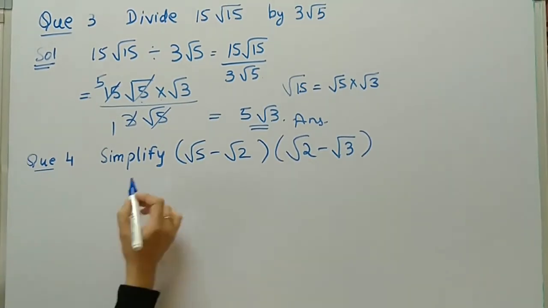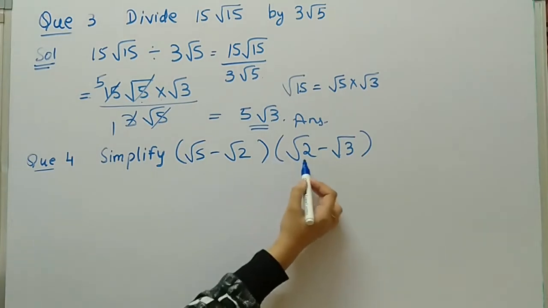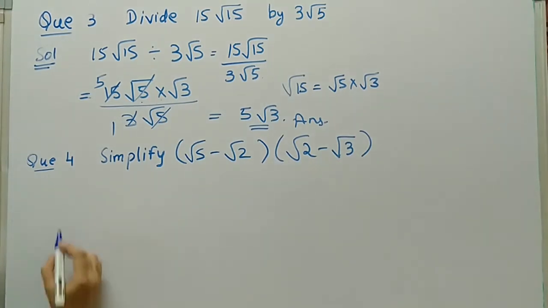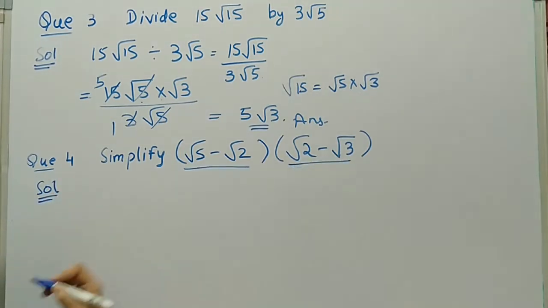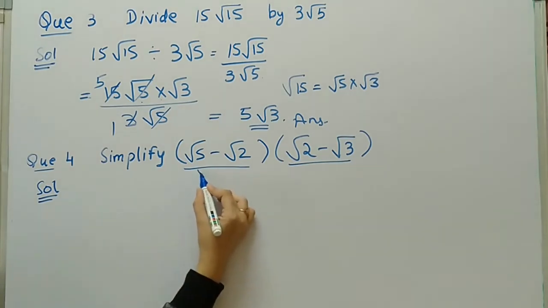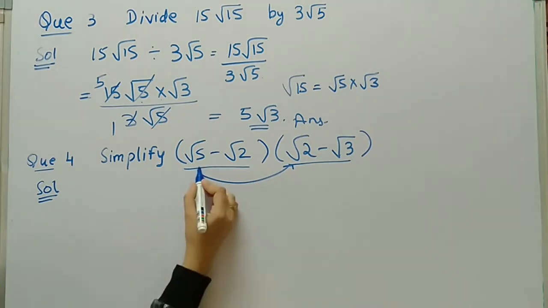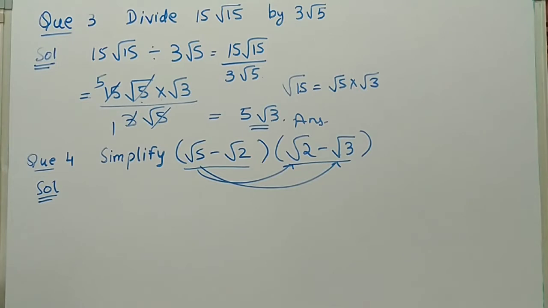Question number 4. Simplify root 5 minus root 2 multiplied by root 2 minus root 3. So now we will use distributive property. So first of all we will multiply root 5 by root 2. Then we will multiply root 5 by minus root 3.